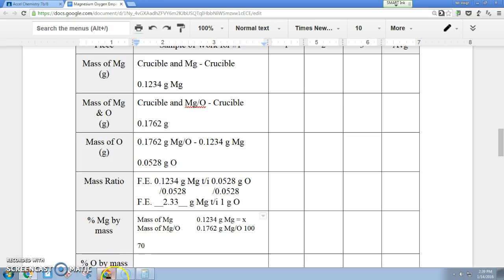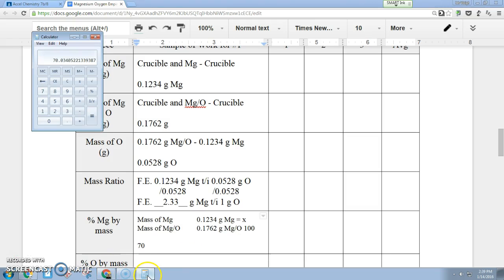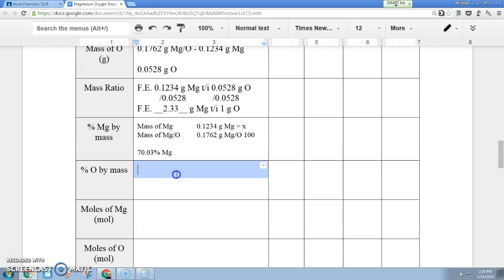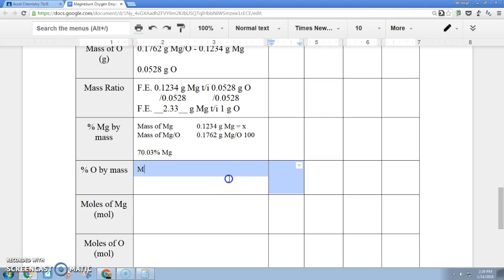In this case we have 4 significant figures on both, so I would say 70.03%. Now, I could just subtract that from 100 to get my oxygen percentage, but I'm going to go ahead and double check it just to make sure I didn't do something wrong on the first one.